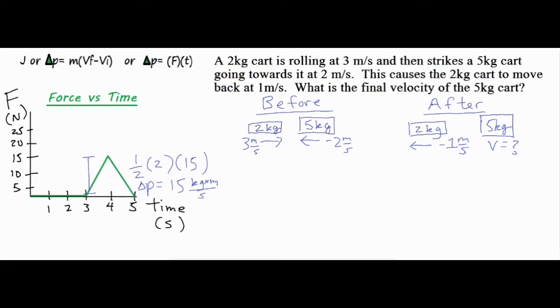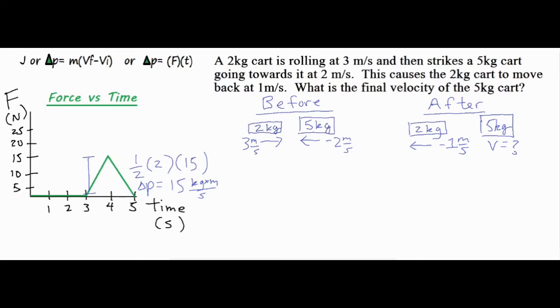All right, so what I did is I set up each of the objects before and after the collision, labeled with their mass, with the velocity, and then I made sure I had my arrows and my vectors to make sure I spotted anything that was going the opposite direction, which I'm calling to the left, and then making sure that's labeled as a negative.